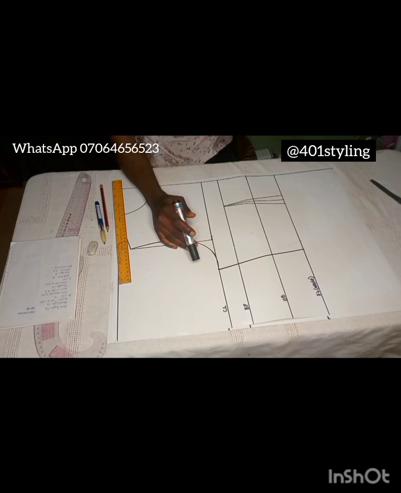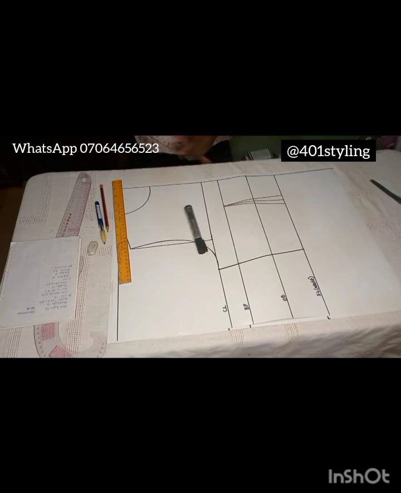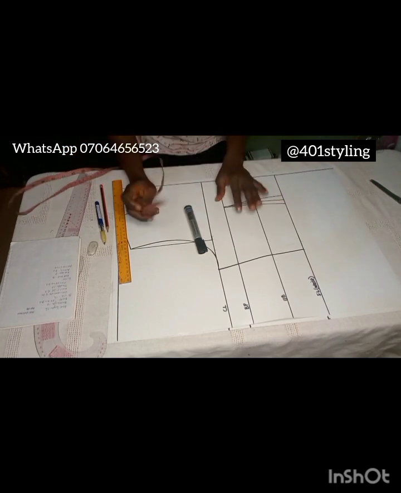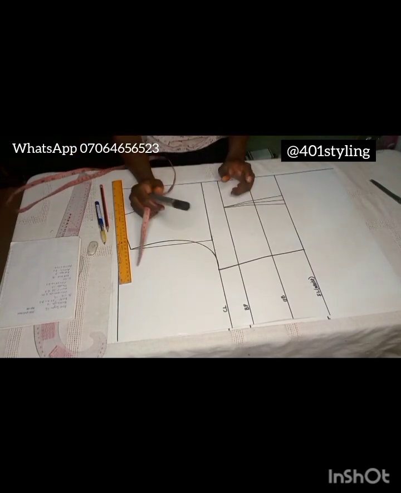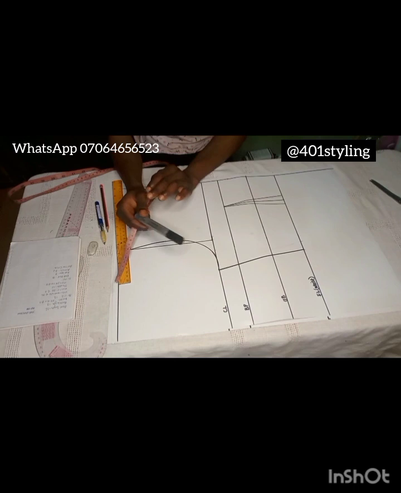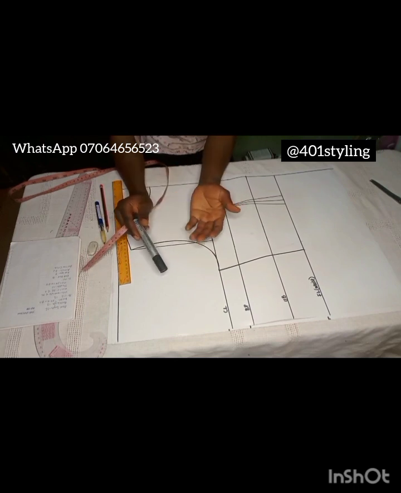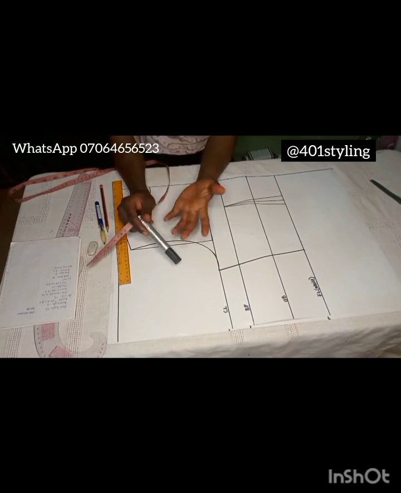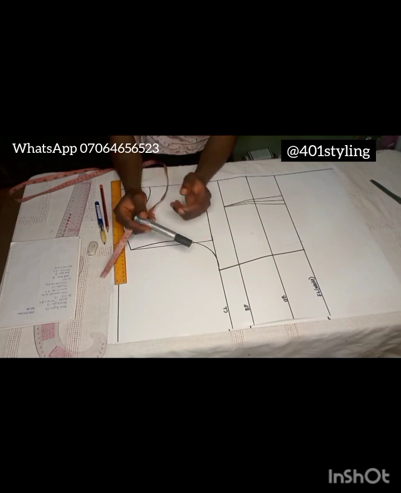Most people, it differs. To get your bust dart, it's usually the difference between your front length and the back length, and most times it is around 2 inches. Some people might even have 1.5 inches, 1 inch and above.